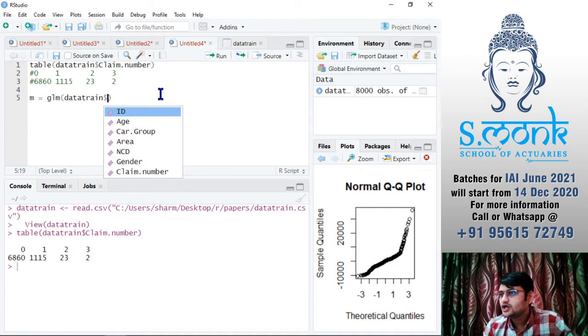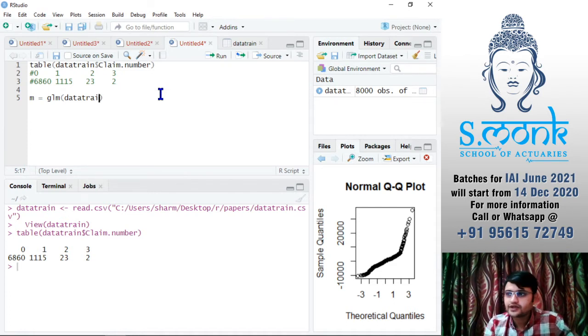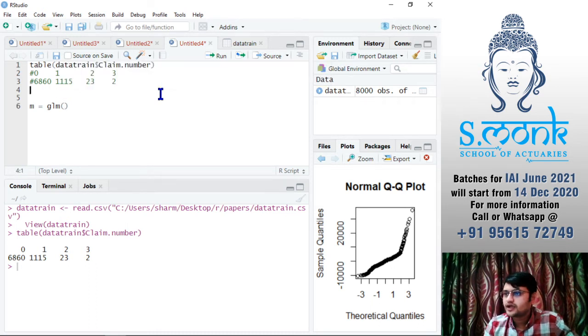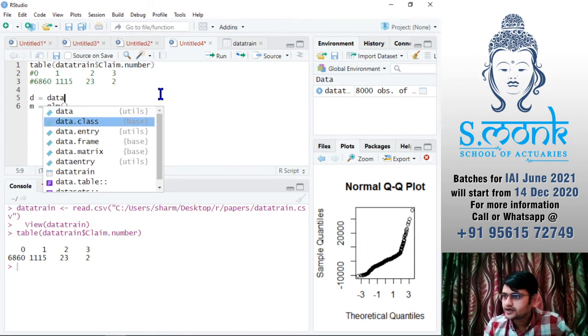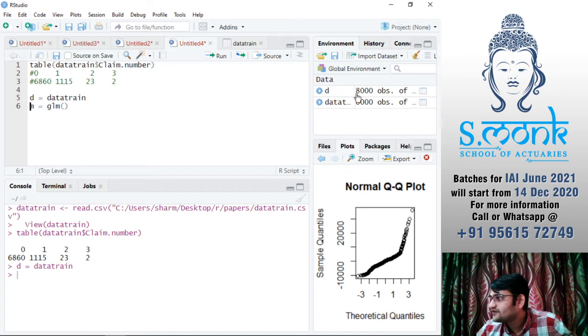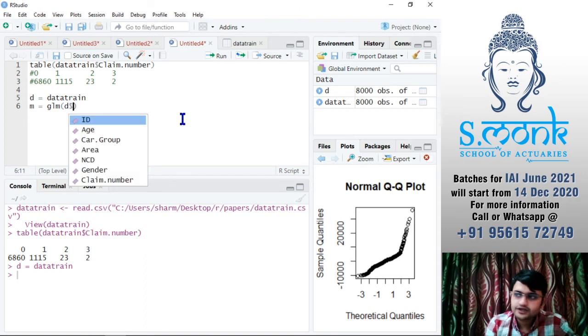Now see, always writing data train this, data train that, takes a lot of time. So what I do is I first create another D, let's say, equals data train. This is our data train. Just write this, control enter. Now I have another dataset with just D as the name, so it's so much easier to write. So I'll say D dollar.